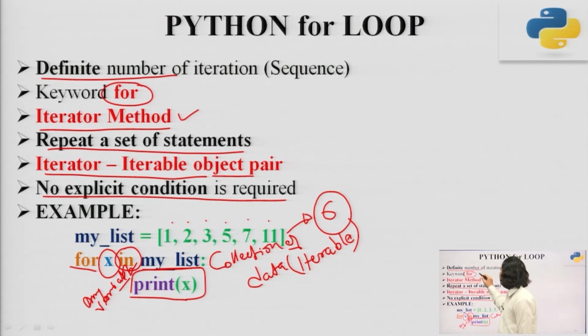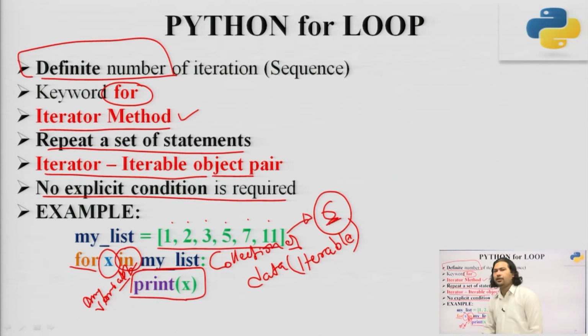The finite number depends upon this iterable. Here 6 elements are there, that means the loop will limit itself to only 6 elements, because these elements are coming from this variable which holds a collection of 6 elements.